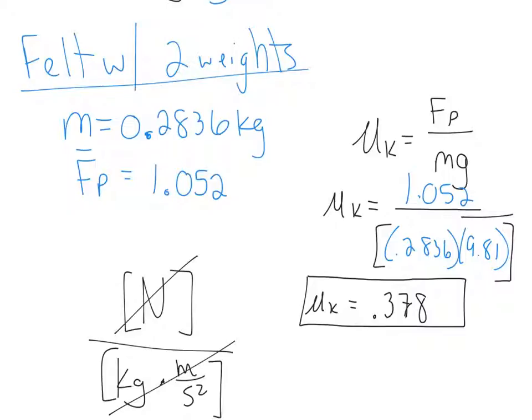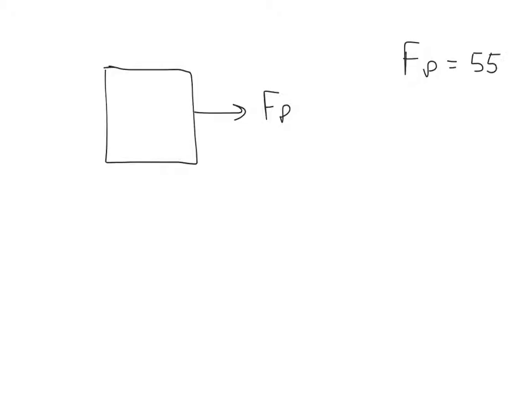Let's take a look at another example real quick. I'm going to make up this example, so just add a little slide, please. You could write this down in words if you want. Let's say an object is pulled with a force of 55 newtons.